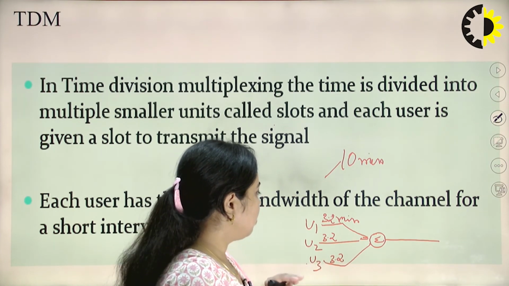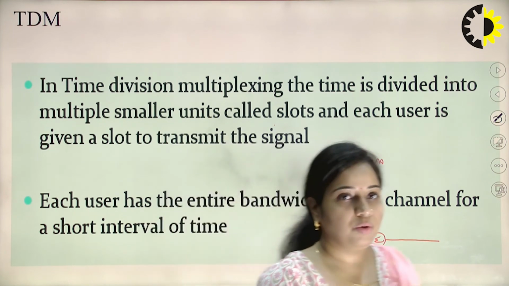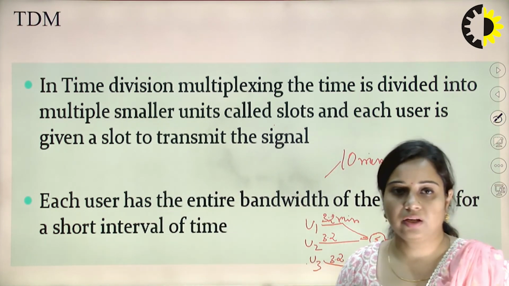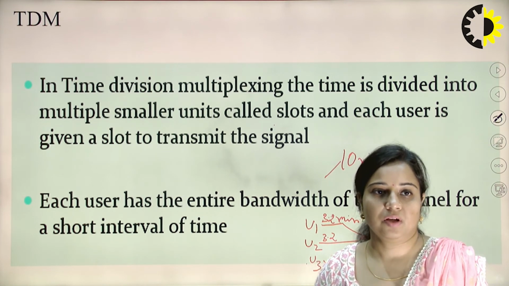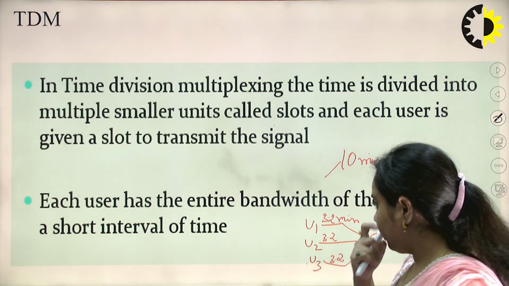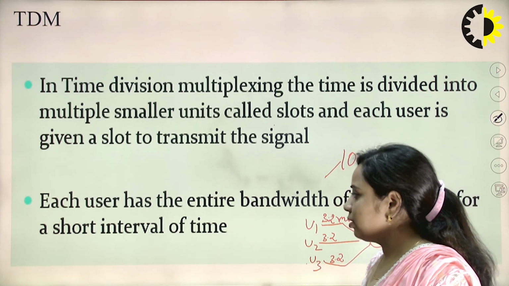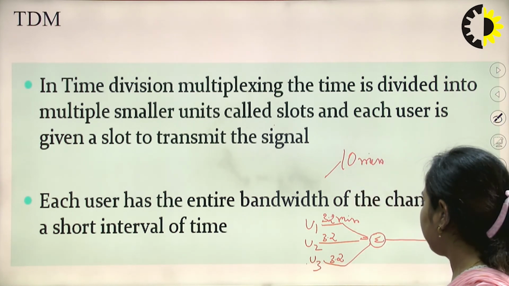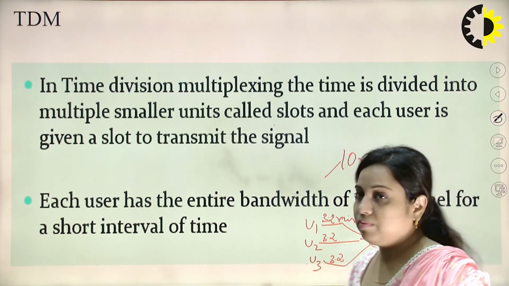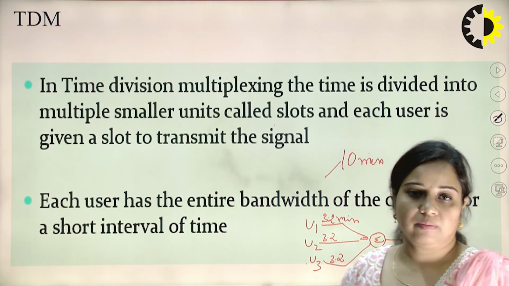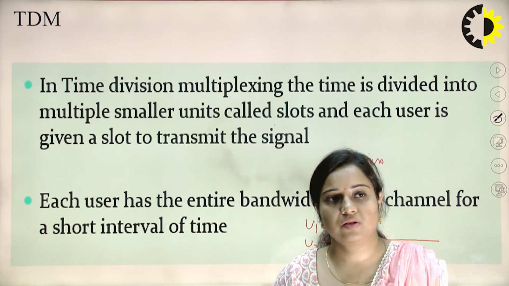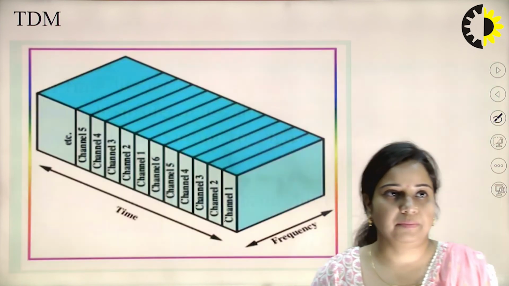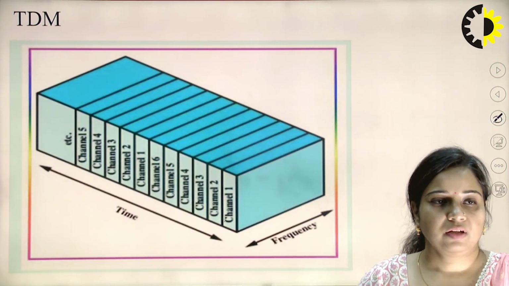So this is how the whole channel will be used by a single user at a time for a specific interval of time, so that greater information can be transmitted. Each user has the entire bandwidth of the channel for a short interval of time. So whatever channel bandwidth we have, it will be totally accessed by only a single user at a specified point of time.